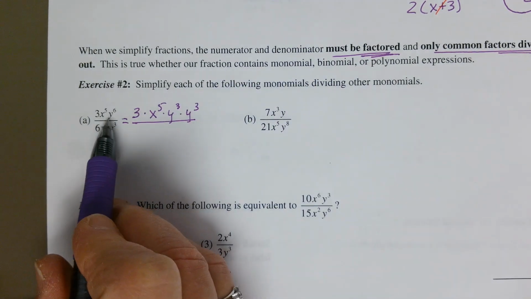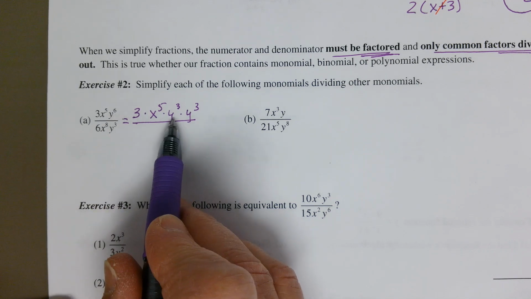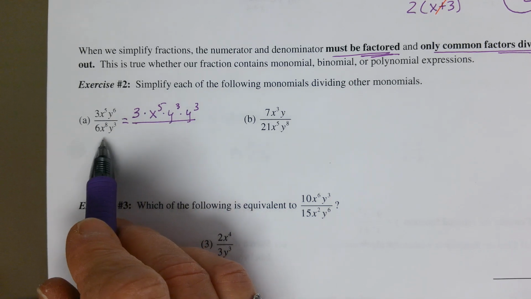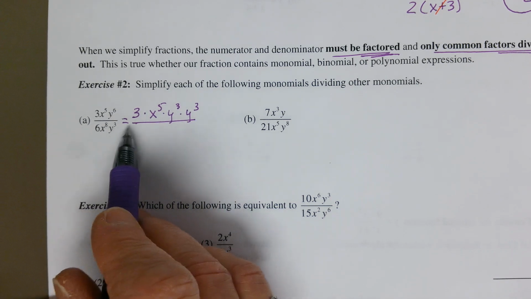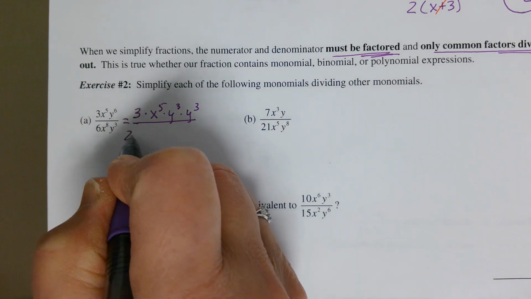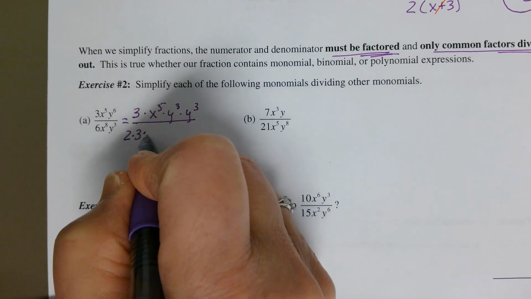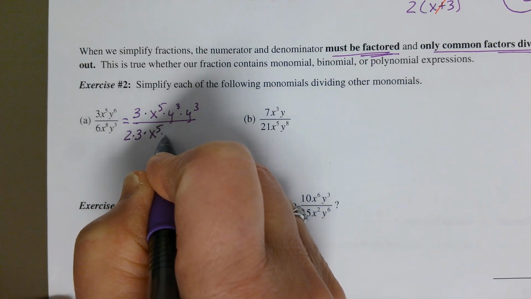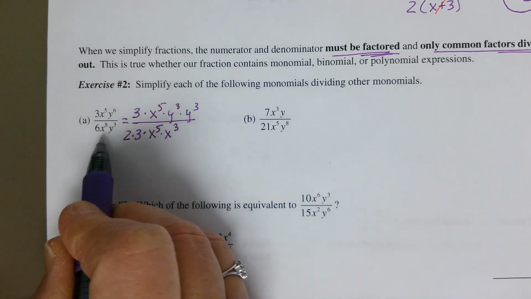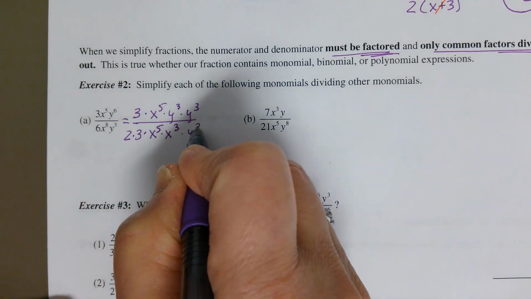The only thing I split up here was y to the 6th, which is equivalent to y to the 3rd times y to the 3rd. And now the denominator, 6, here we have 2 times 3. We can rewrite 6 as that. X to the 8th can be written as x to the 5th times x to the 3rd. And y to the 3rd just stays.